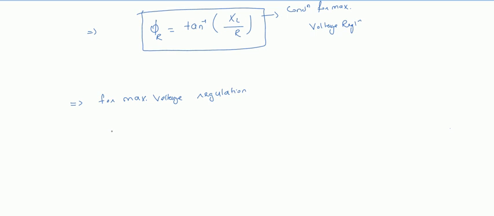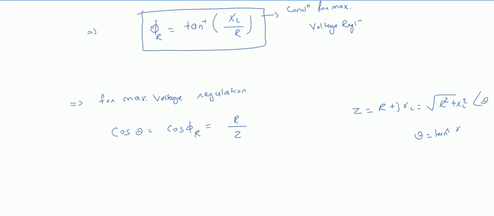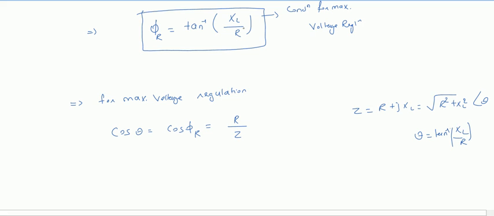When the impedance angle of the transmission line equals the receiving end power factor, that is nothing but R by Z, right? Z is R plus jxl, or I can write the magnitude square root of r square plus xl square, at the angle theta. Theta is tan inverse xl by r. It is the same as this, right?